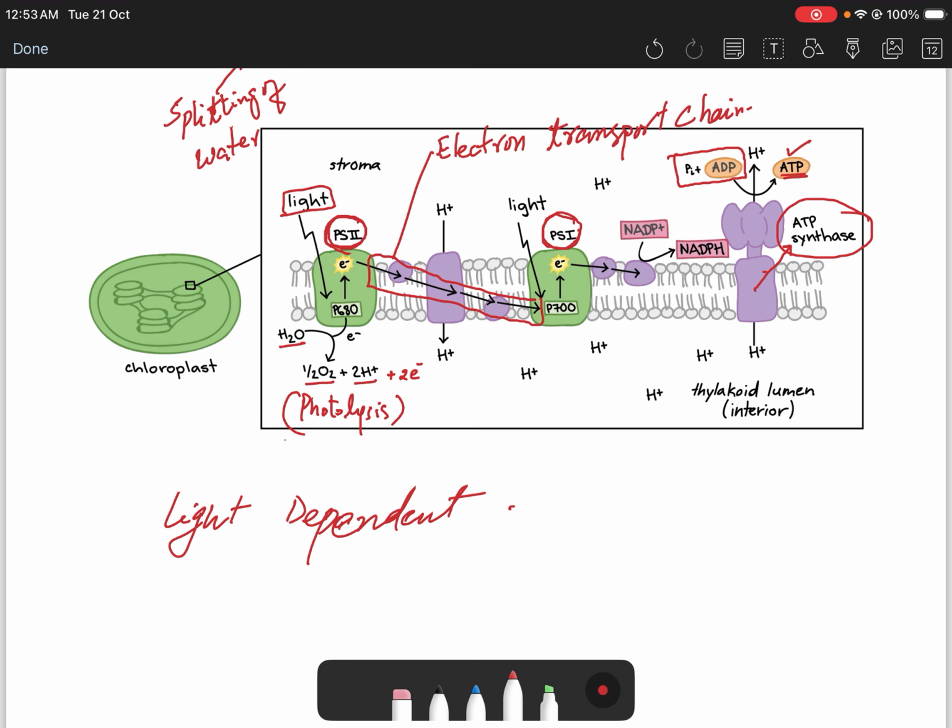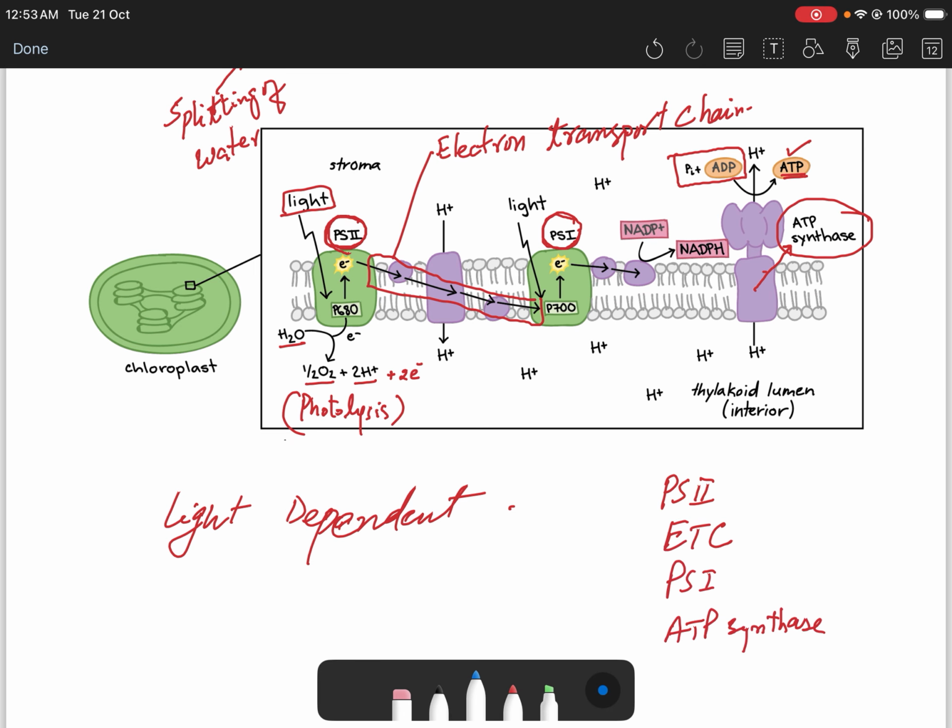First of all it is PS2. Where is PS2? Then where is PS1? So there is PS2, then after that we have the electron transport chain, then we have PS1, and then we have ATP synthase.